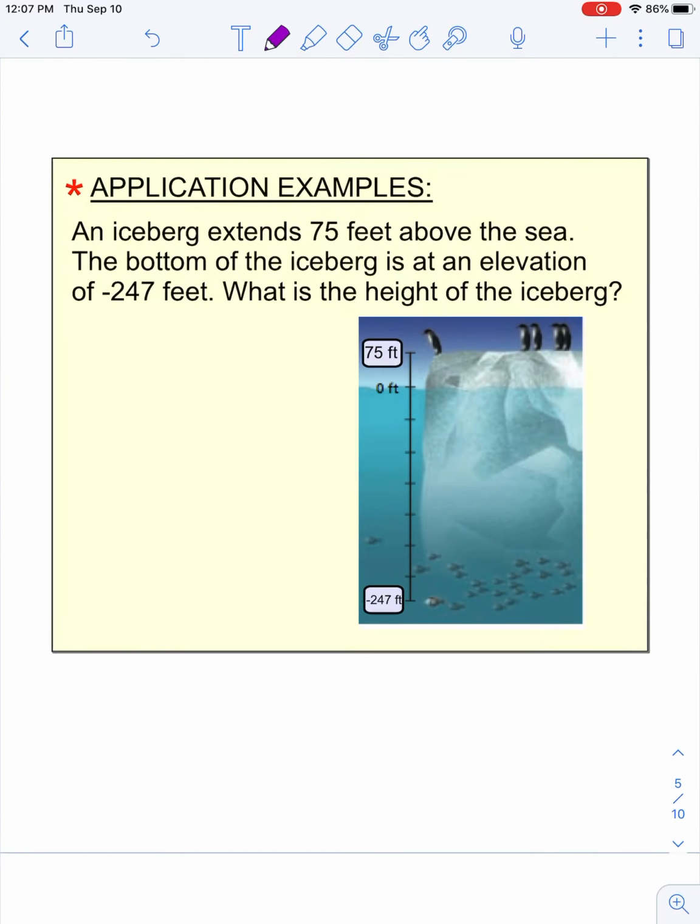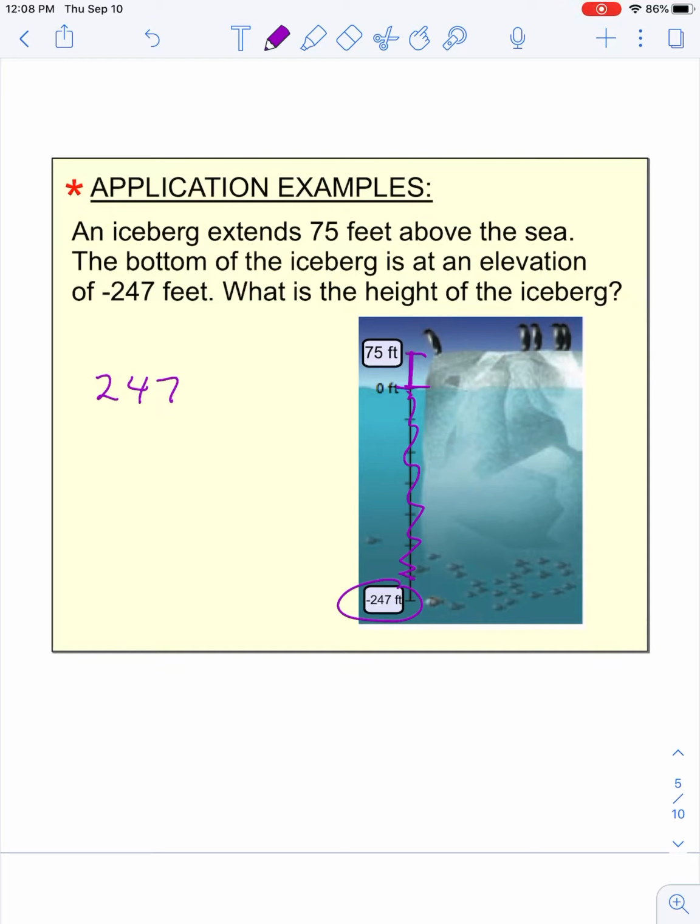Here's an application example. Suppose an iceberg extends 75 feet above the sea. So here's that part extending out. And the bottom of the iceberg is at an elevation of -247 feet. What is the height of the iceberg? Well, for this problem, we have to add this part that's below the level of the water and above, which means we're going to be adding those numbers together.